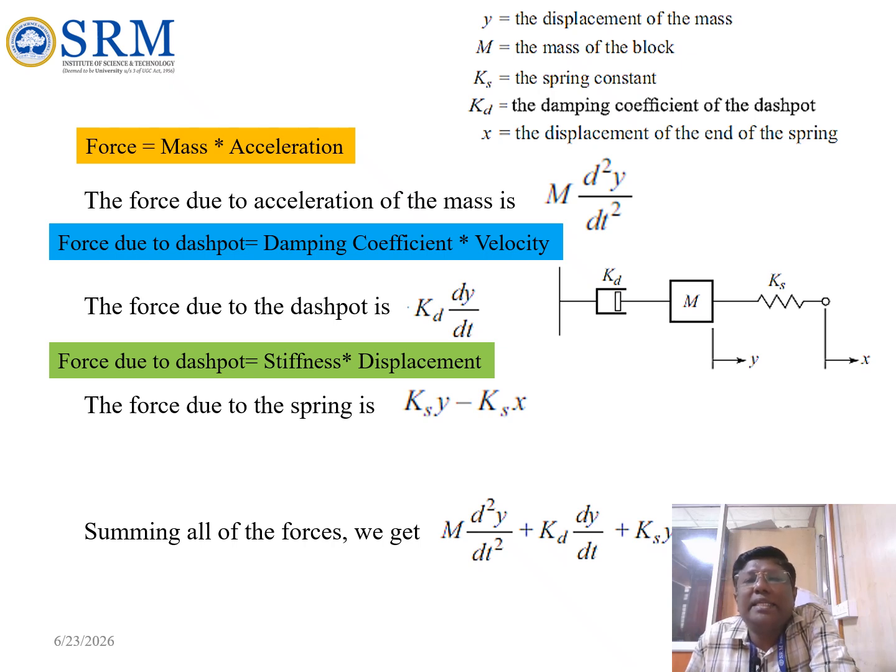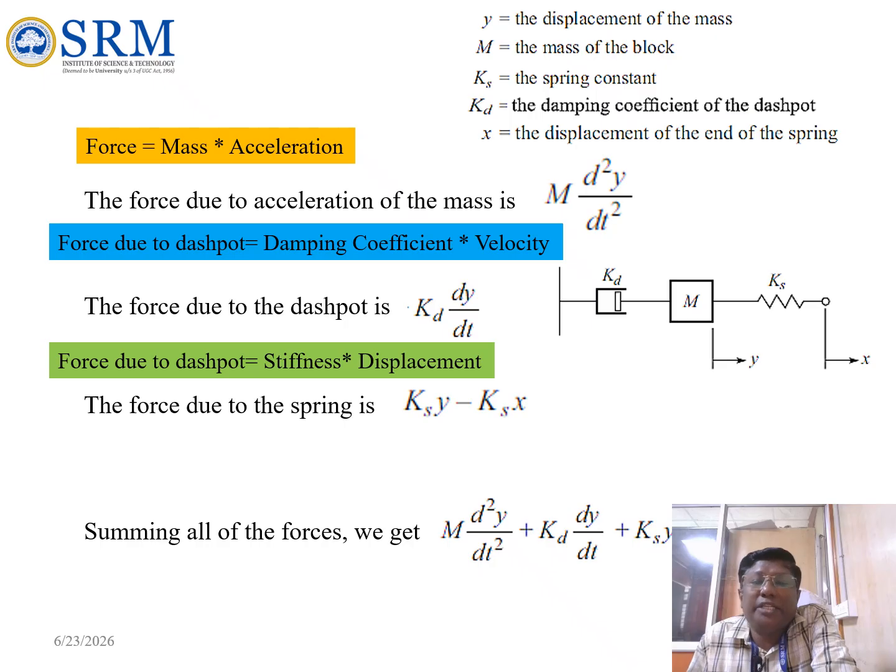So this is mass into acceleration. The force due to the dashpot equal to damping coefficient into velocity.